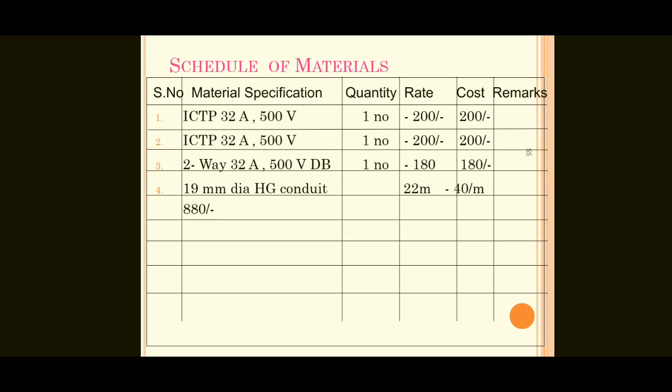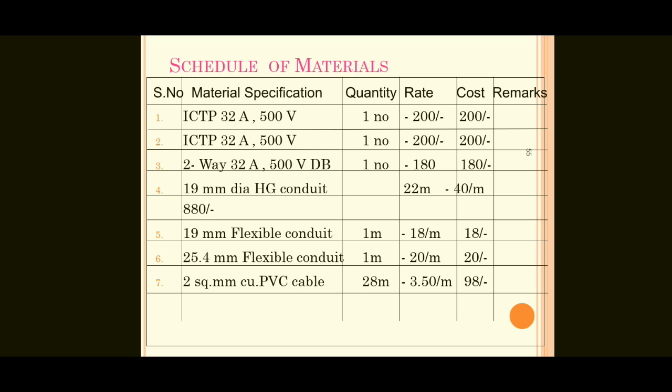So the cost is 40 rupees per meter. Next one, 19 mm flexible conduit, 1 meter, 18 rupees per meter. So the total cost becomes 18 rupees. 25.4 mm flexible conduit, 1 meter, 20 rupees per meter. So the total cost is 20 rupees.